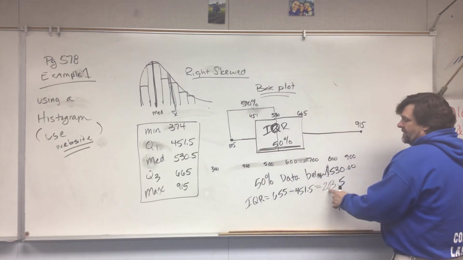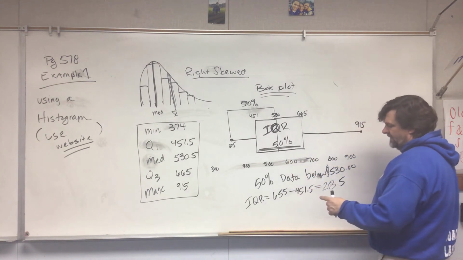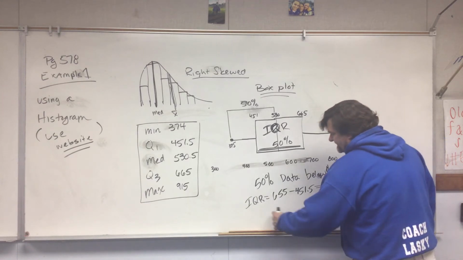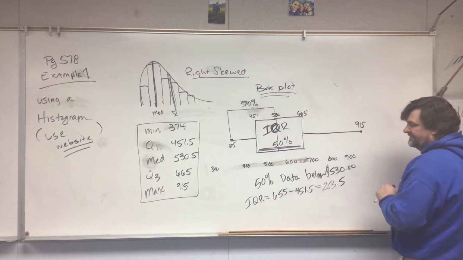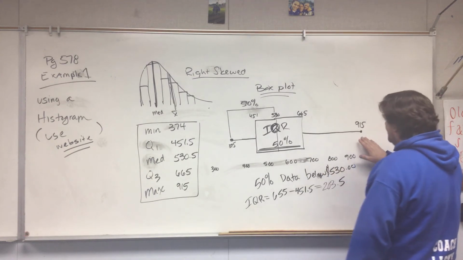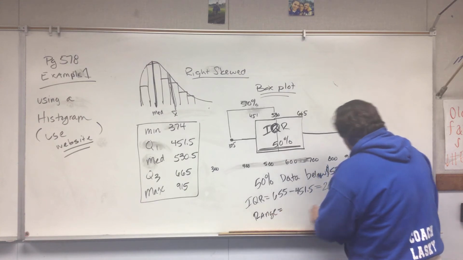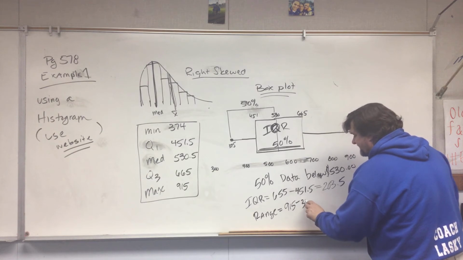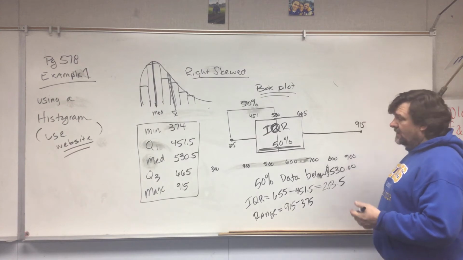So the middle 50% is between $451 and $665, and it has a spread, an interquartile range, of $203.5. Okay? So there's all sorts of ways you can talk about it. You can say the actual big range is 915 minus 375.